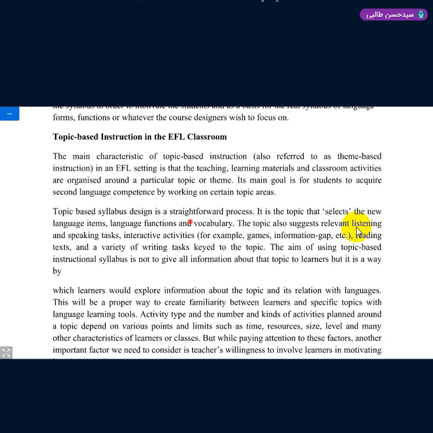You are very careful about the vocabulary, grammar, functions, notions, situations, everything that you think is important to be covered during the course, and they are put under the topic. Every session or every lesson or every passage, and grammar, vocabulary, functions, notions, dialogues, interactions, tasks, games, reading, writing, anything is based on the topic.